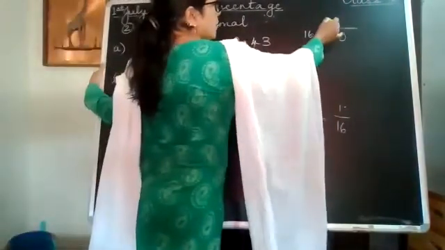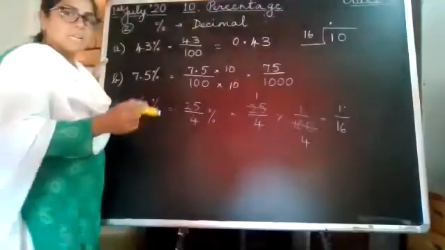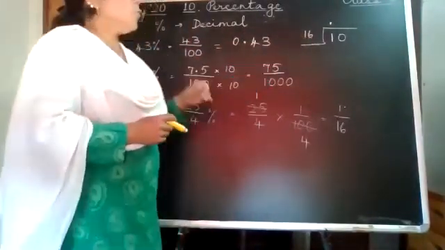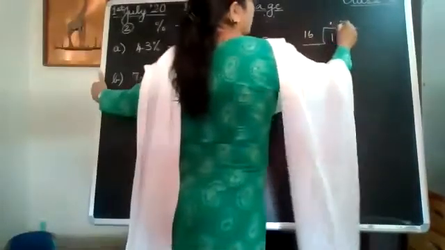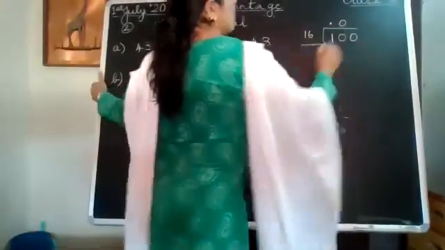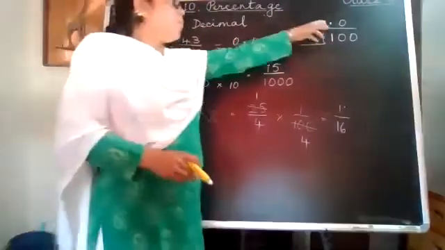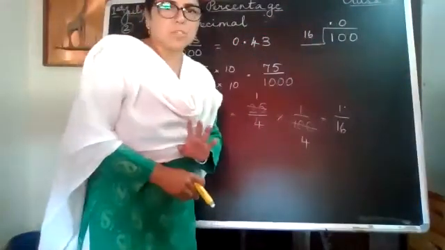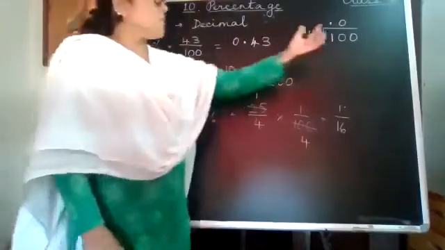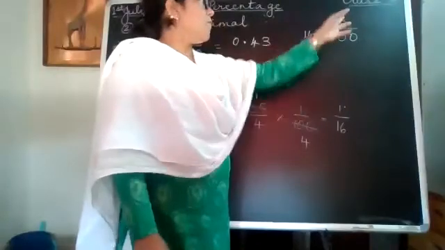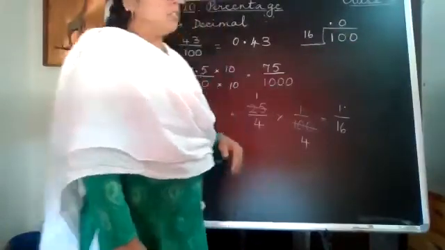Now after putting the point and the 0 also, it is still less than 16. It cannot be divided. So what you do is you put a 0 on top and put 1 zero. Okay. So once you put 1 point, 1 zero you can put. But if you want 2 zeros in the same step, then you have to put a 0 and then put the 0.